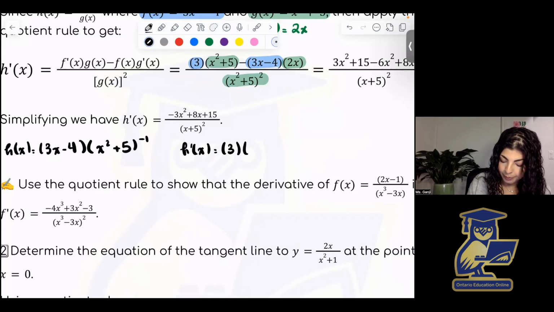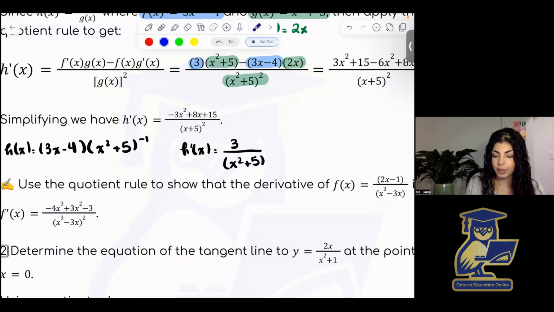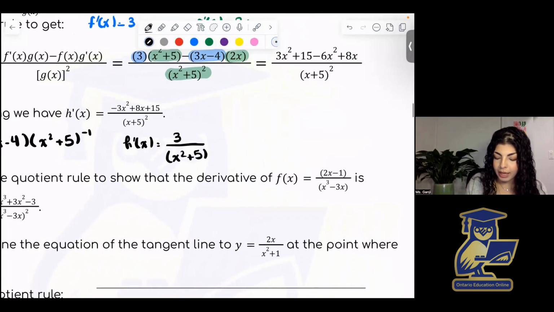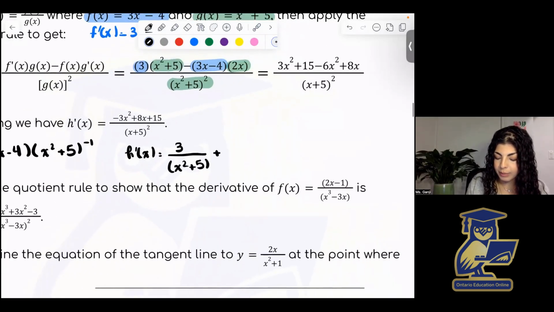3x, so this is the derivative of f of x times g of x, but g of x, because it has that negative exponent, I just wrote it as a denominator. And this is plus, now I'm keeping 3x minus 4.